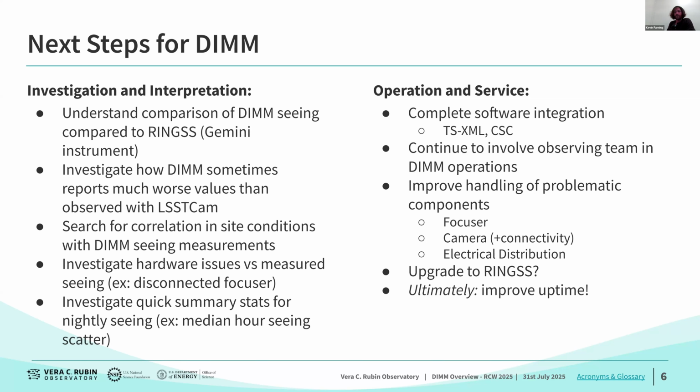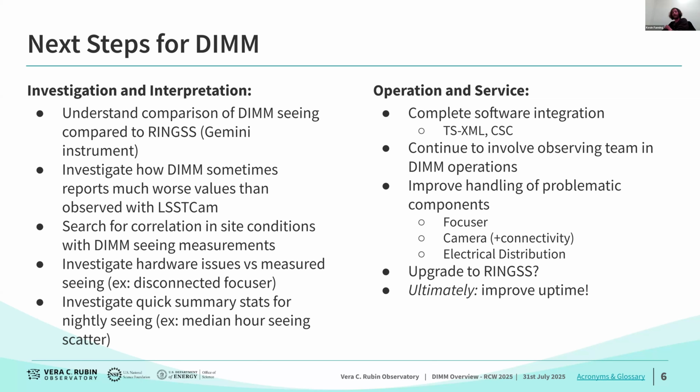There's also correlations between the DIM seeing measurements and site weather conditions like wind direction, other things that we want to look into. We should hopefully see that the DIM is independent of most of these things, but if there is a dependency of its measurement on something, that indicates perhaps it's not telling us the truth.